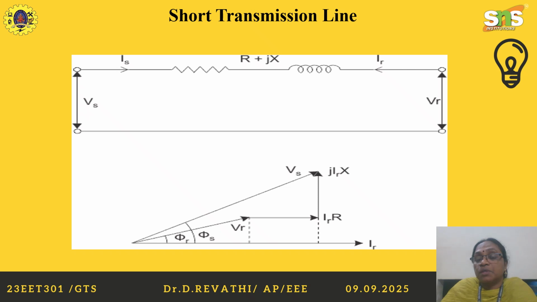In between we consider the parameters resistance and inductance, the impedance Z, that is R plus jX equals Z. For these values we draw the vector diagram.